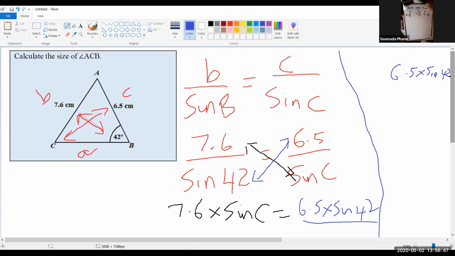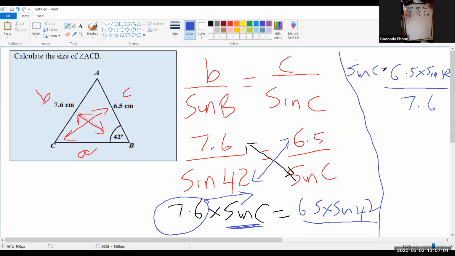And of course, we are carrying this across. So when that goes across, it becomes division. So 7.6. And what remains is sine C. So sine C is equal to that. Excuse my handwriting, please.